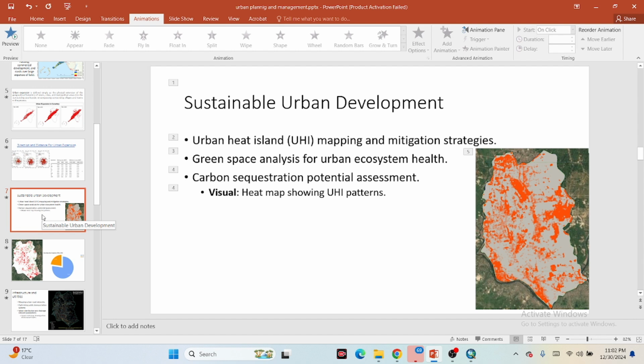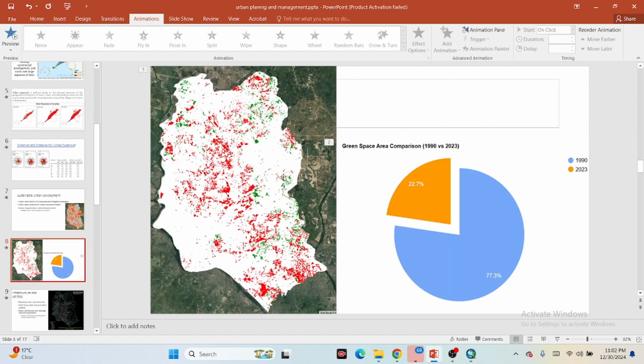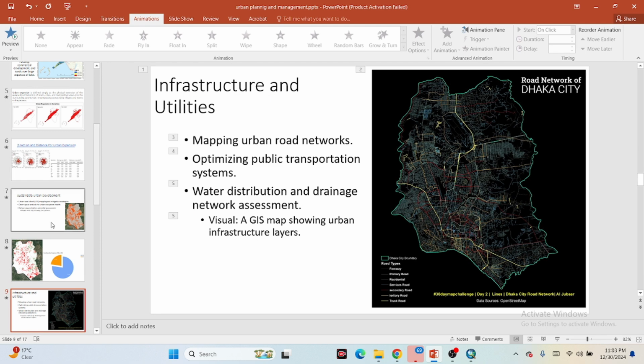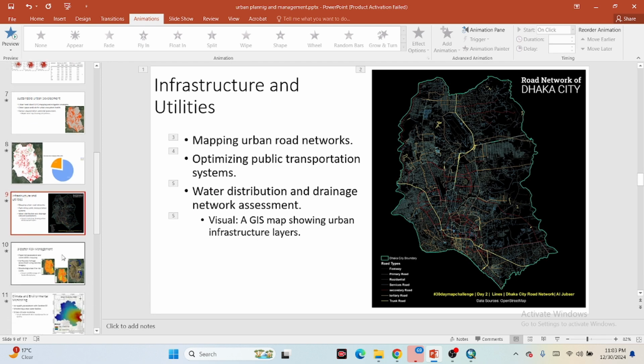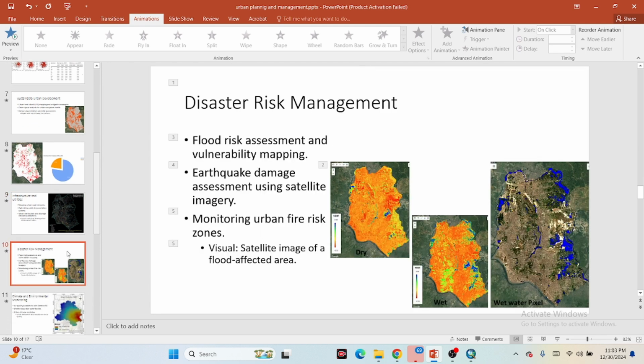Basically, in the 7-day training program, I will discuss how we can make the LST using Landsat imagery, and further how to identify the urban heat island. Green space is not covered, so I will also show you how to monitor green space, and the road network is not covered either, so I will show you that too. Then we discuss risk assessment.